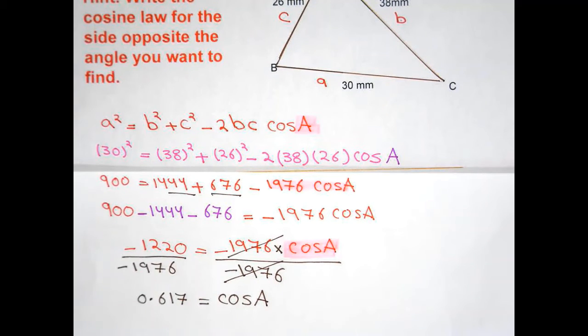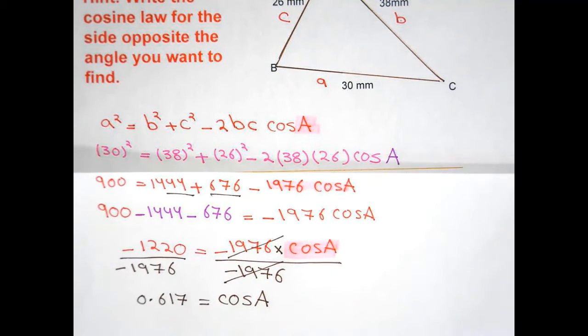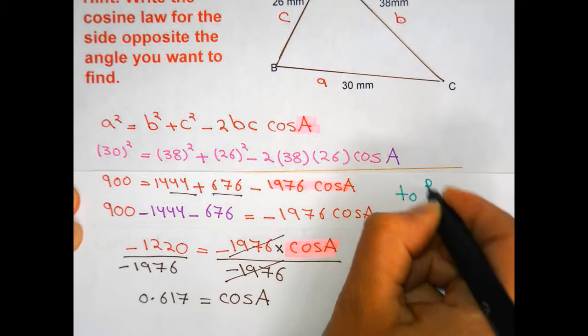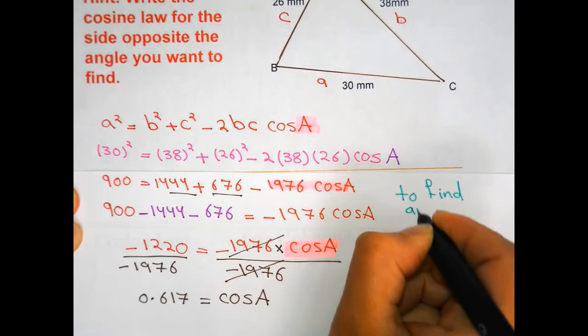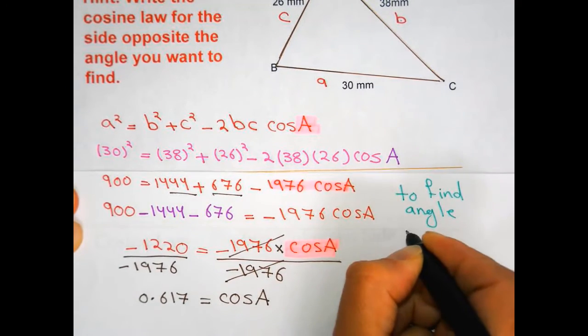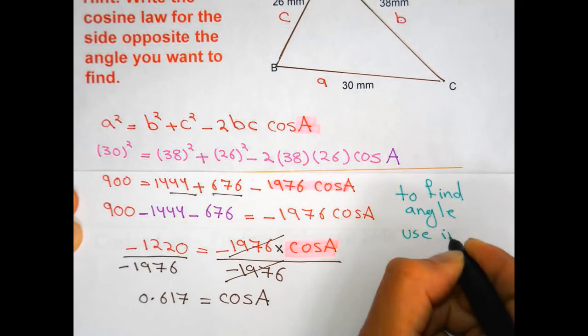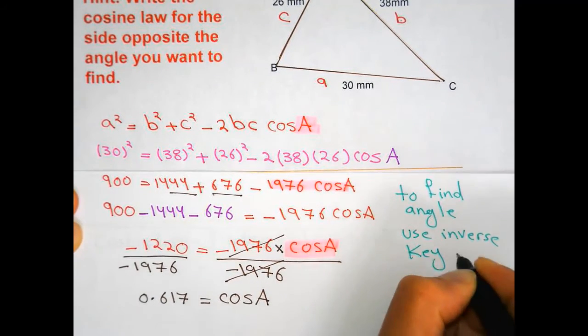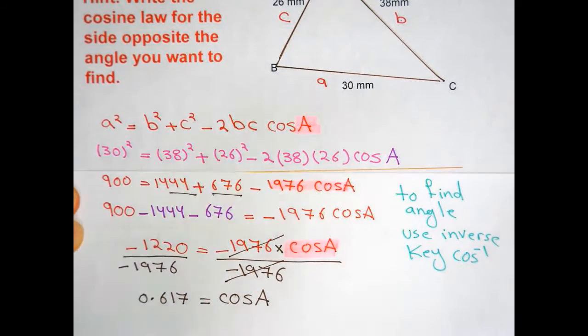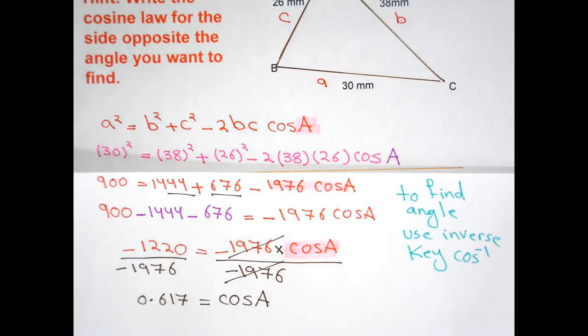Now I'm going to write it again here just in case you forgot. To find an angle, use the inverse key. So that is this one. Please don't forget about that.